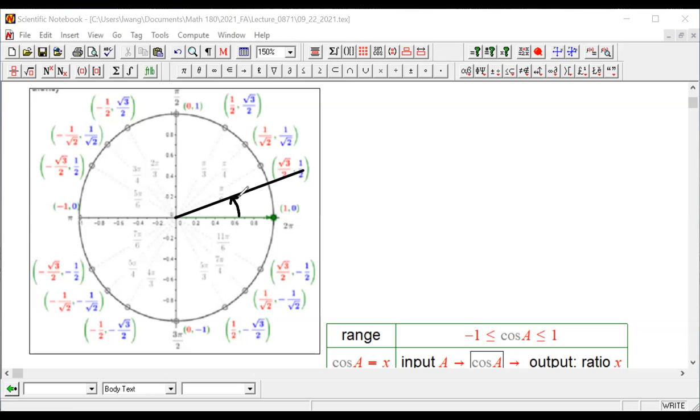Then you ask, from the definition of function, if this angle is used as input, does it have a unique output? The answer is yes. This is the output. You follow me? The output is a blue bar for sine.